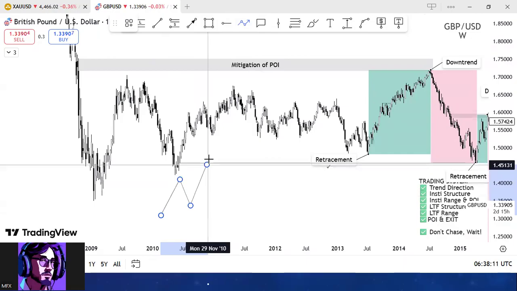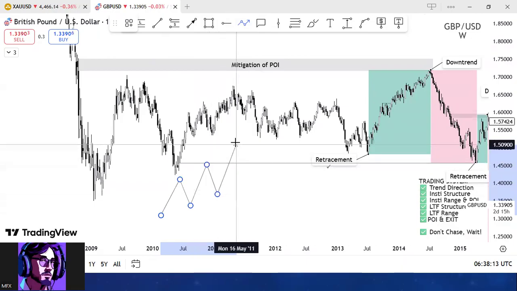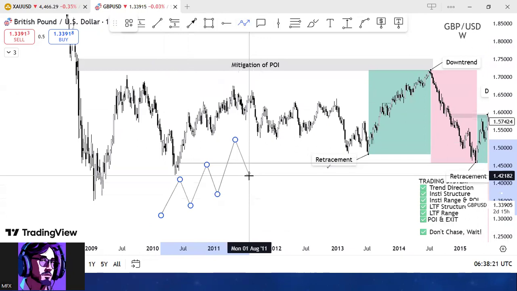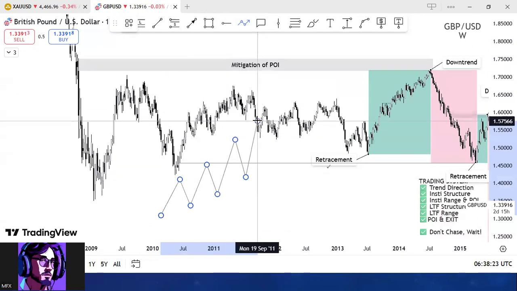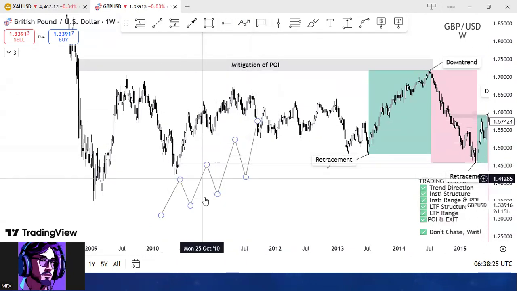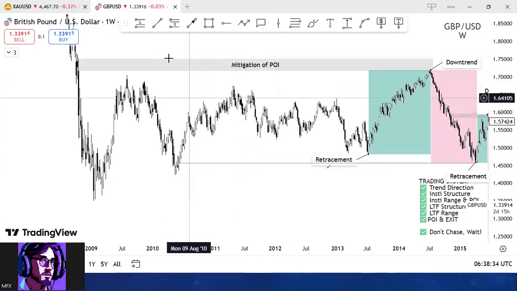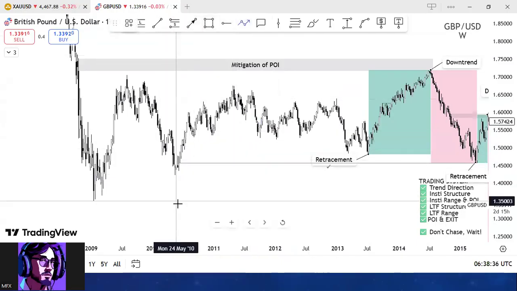This is a break of structure creating higher highs, then a retracement, then another break of structure validating it. This is what I call MB1, MB2, and up we go. This is what validates the trend: higher highs, higher lows, higher highs, higher lows.